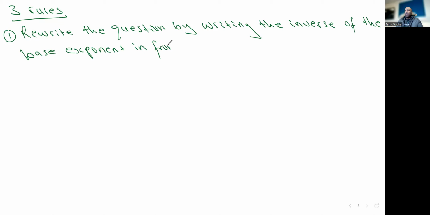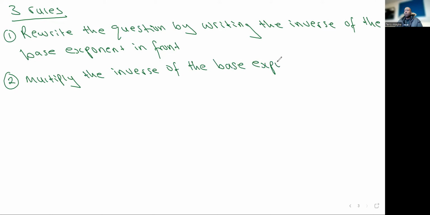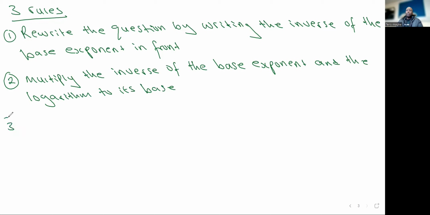After writing the inverse of the base exponent, the next step is to multiply the inverse of the base exponent and the logarithm to its base. Then the third step is to simplify.